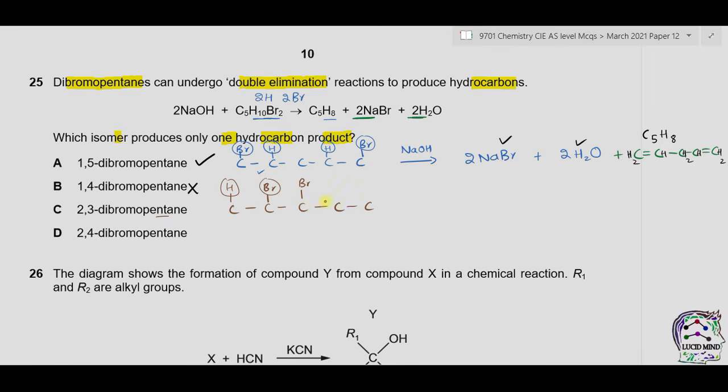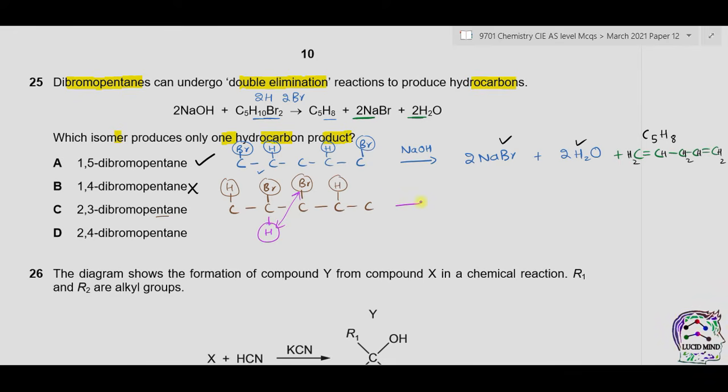So second elimination will be possible if this hydrogen atom is removed along with this bromine atom. We can also see that this carbon has hydrogen atom present, so this bromine can also be eliminated with this hydrogen. So the second double bond can either be between these 2 carbon atoms or between these 2 carbon atoms.